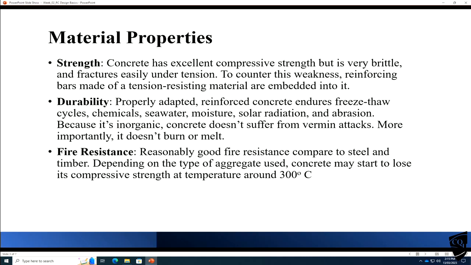In the case of fire, 300 degrees is quite low, so we need to take some precautions for that. So the fire resistance is relatively good. It won't melt as soon as it reaches 100 or 200 degrees.